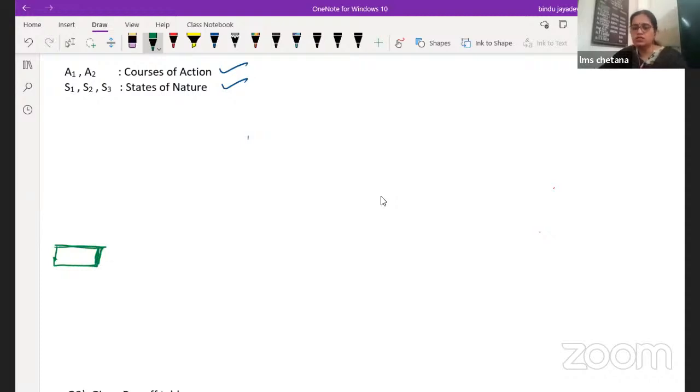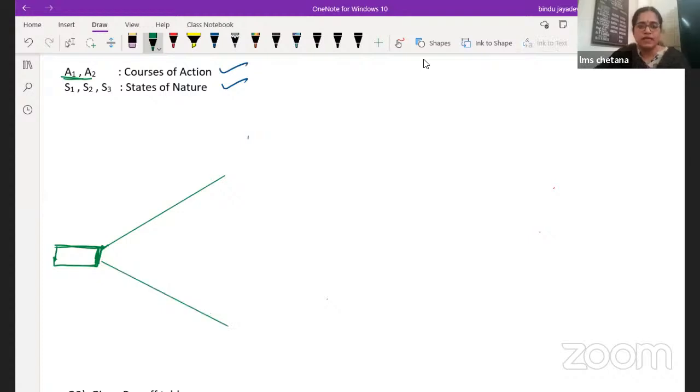From this small box, you have 2 main branches, that is A1 and A2. Therefore, from this corner, draw a straight line, and another one from here. Two lines.